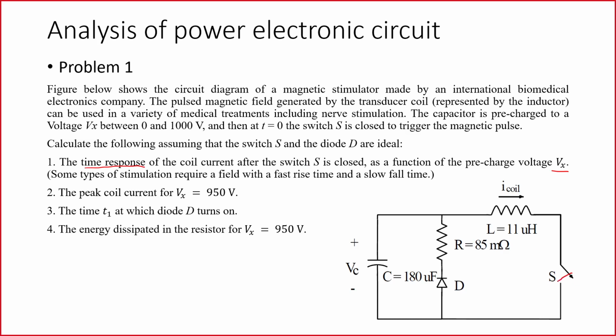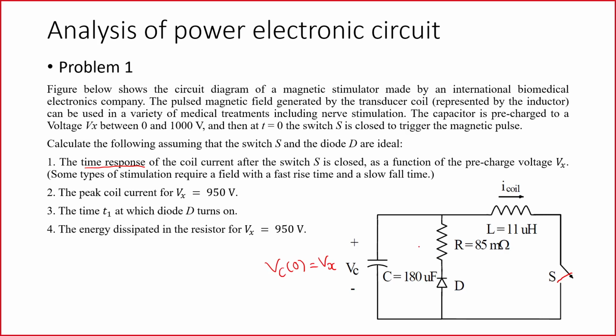After the switch is closed, current flows through the inductor L, and you need to find the governing equation for the current IL as a function of the initial voltage VH. Here you see the notation VC. VC is the instantaneous voltage. VH is the initial voltage, which means VC at time 0 equals VH.